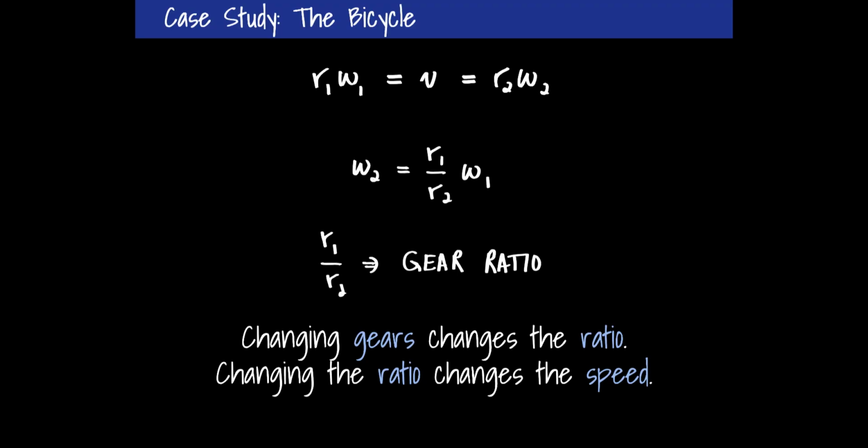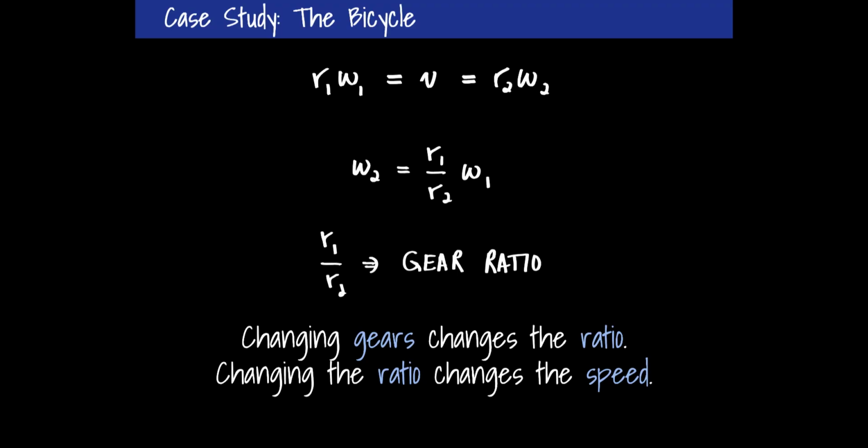Now, the way that I drew my diagram, R1 is bigger than R2, which means while I'm over here pedaling at my cadence, the back tire is turning at a higher frequency. So the speed of my bike is faster than the speed of my cranking.